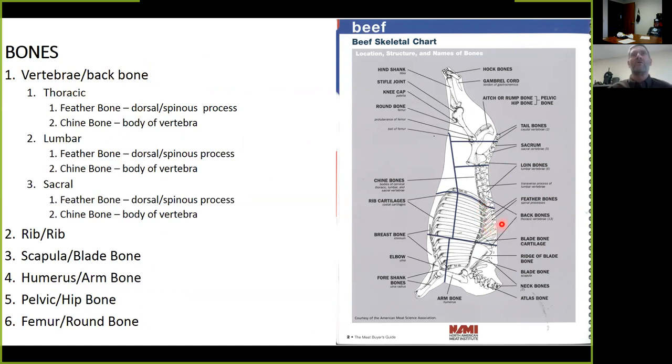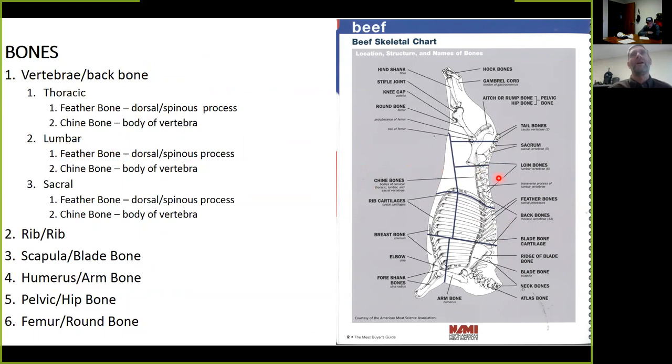And the dorsal processes are these here that are sticking straight up, or dorsally, or the spinous process. And another name for those we said was the feather bone. And then the body of the vertebrae here, if you consider that each carcass is split in half, would be the chine bone.